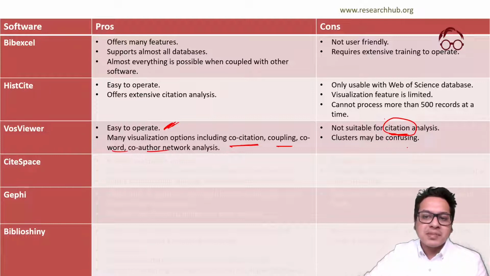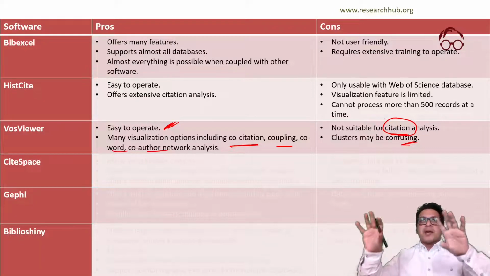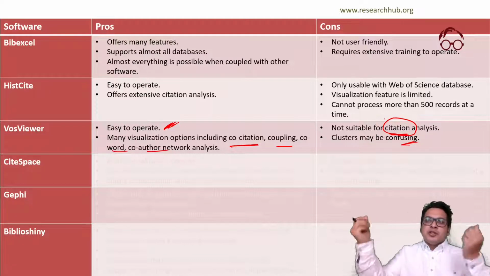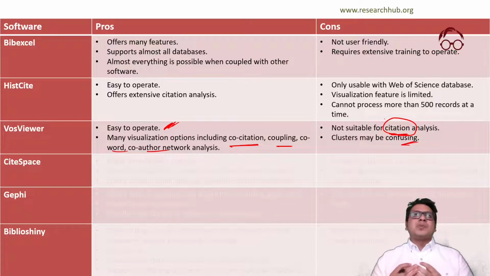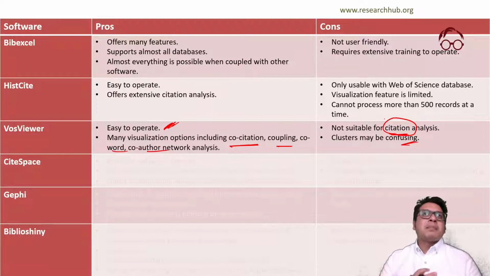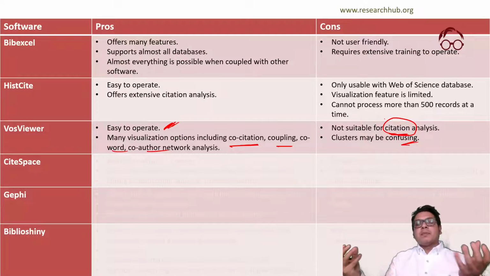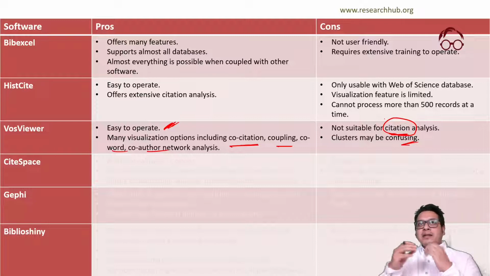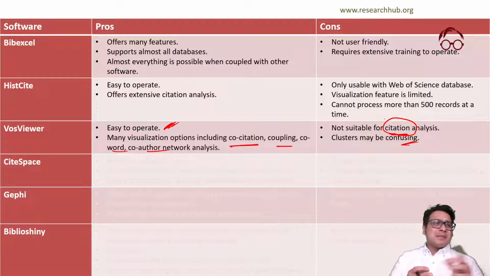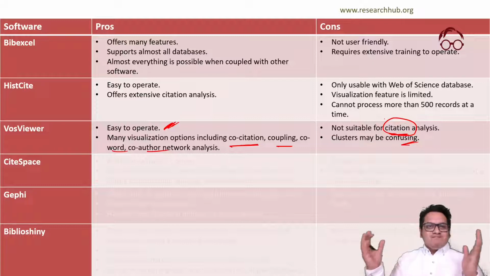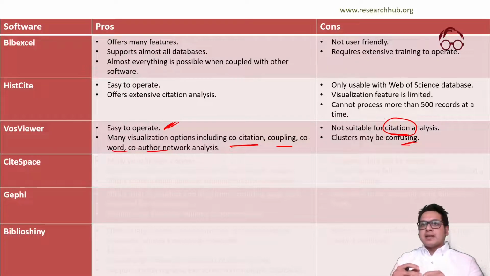And clusters, sometimes they can be confusing. It may feel like, okay, whatever we are getting, these articles should not be in one cluster. But that's really not a problem of the software, but it can be confusing because the clustering is based on co-citation and bibliographic coupling, right? If you think about it, the way we cite articles, sometimes we cite some articles which may not be very relevant, we cite for many different reasons.